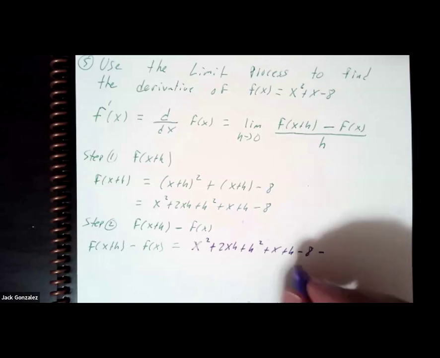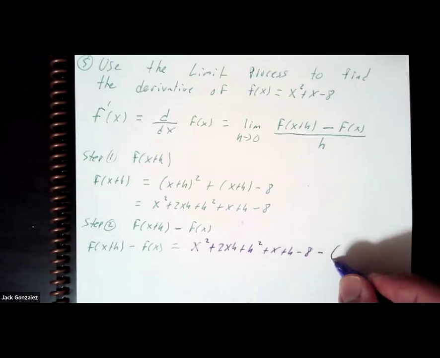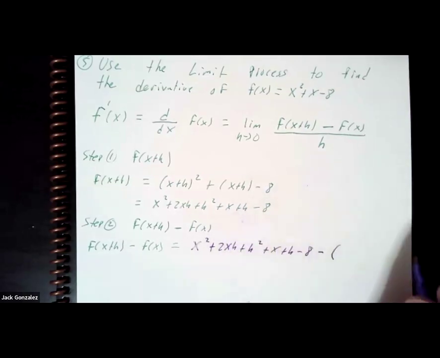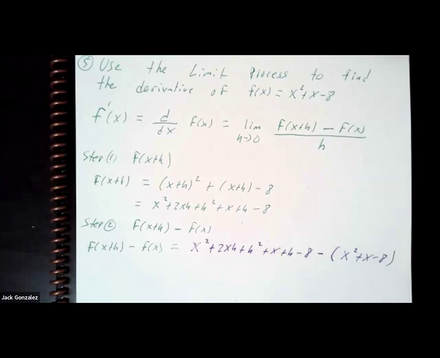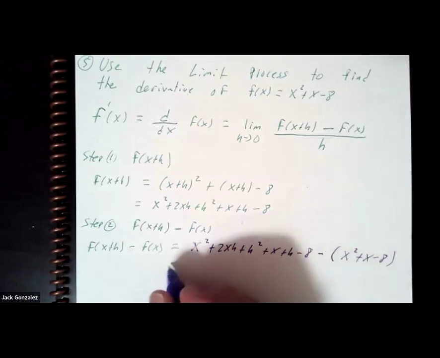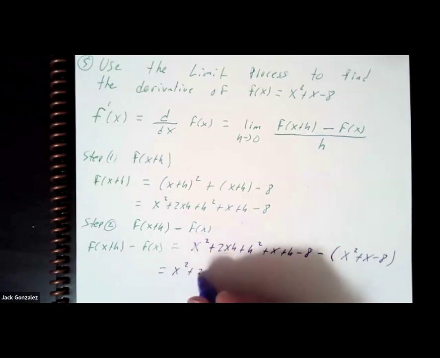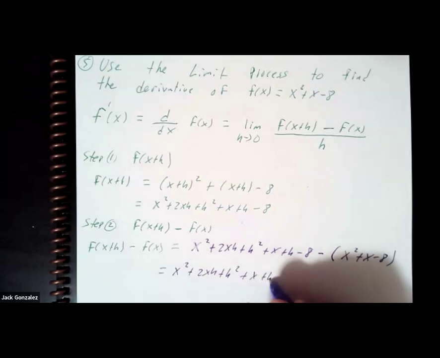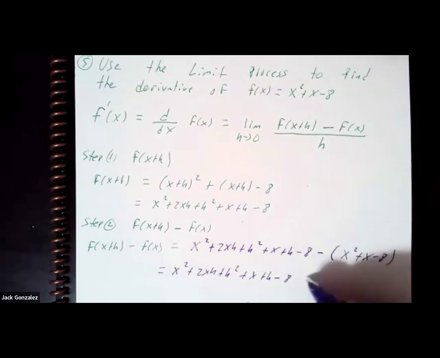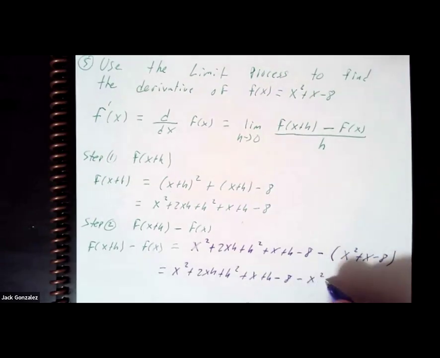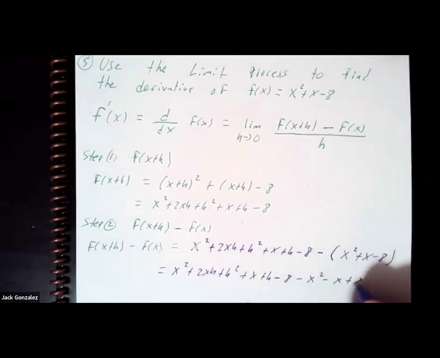Okay, so take the result of step one, subtracted by the original. So that'll be all the same stuff, minus x squared minus x plus 8.